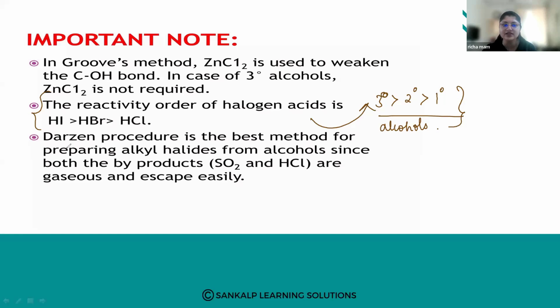And for Darzan's procedure, as we have discussed, it is the best method for preparing alkyl halides. Why? Because the byproducts obtained are SO2 gas and HCl, and these gases escape out easily. So these were the important points. You have to remember this.